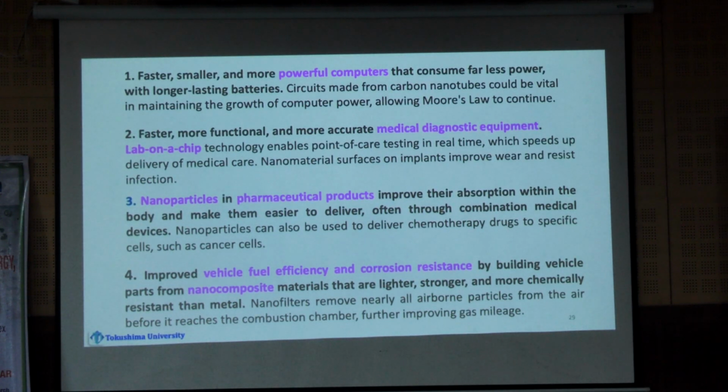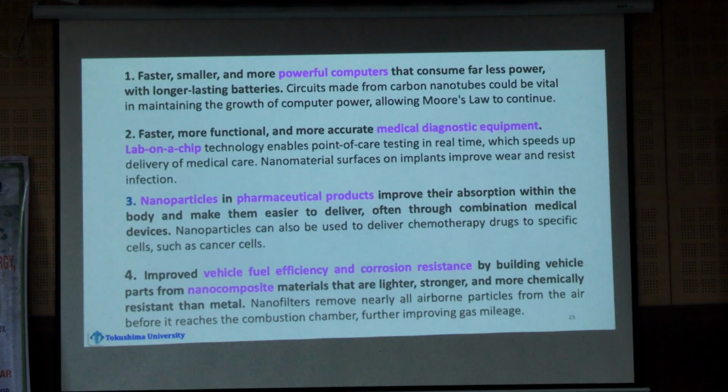Besides this, we are using some devices in our daily life, but we want to increase the efficiency, the speed, and what kind of areas can be detected or found out where we can improve the property, we can enhance the performance of those devices in various fields. What kind of field? Maybe computer. Computers are growing fast.